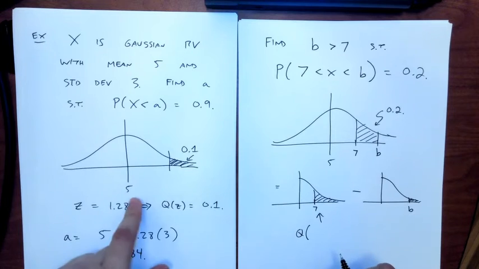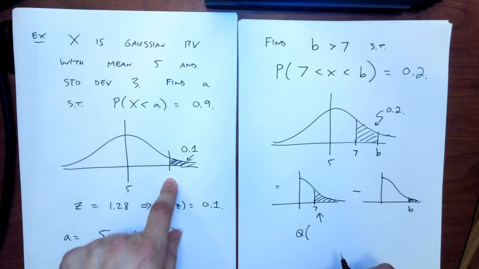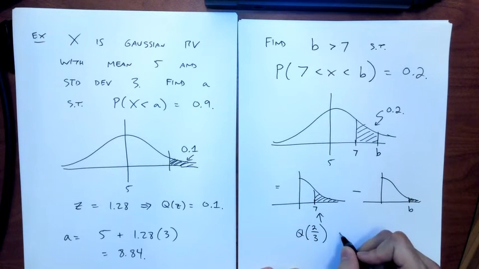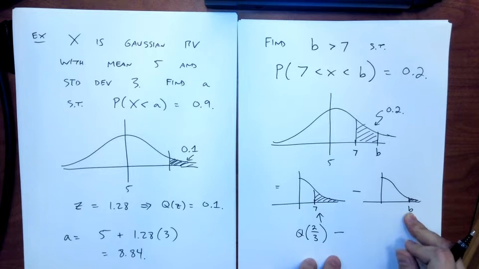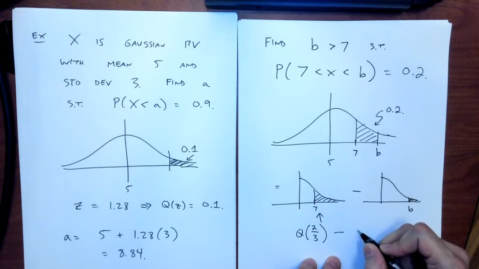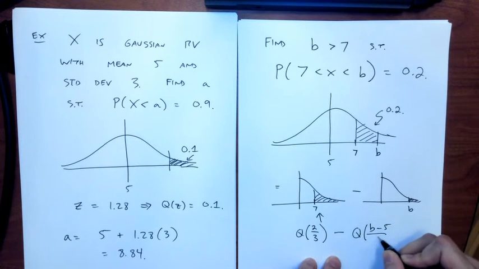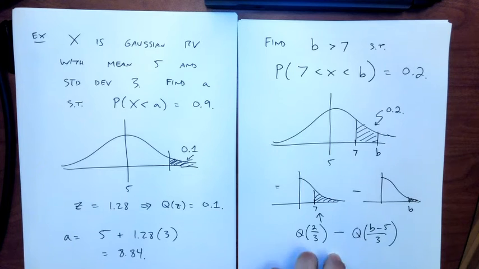Q of 7 here is basically 2 away from 5, so it's 2/3 of a standard deviation, right? And then this number is going to be basically Q of (b minus 5) over 3. That's basically however many standard deviations b is away from the mean.